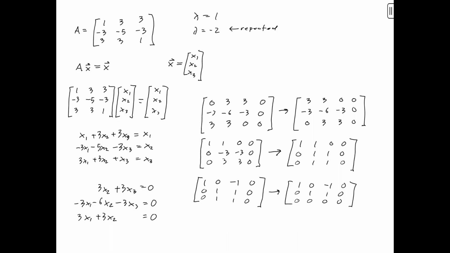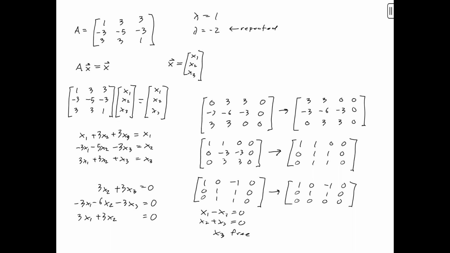Which means that x3 is going to be a free variable, and x1 minus x3 equals 0, x2 plus x3 equals 0, and x3 is free.